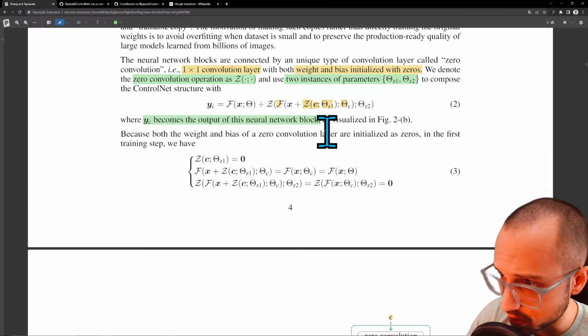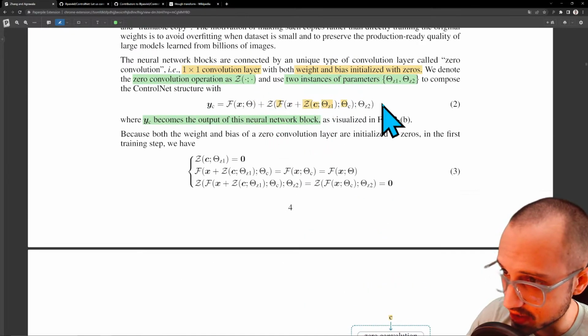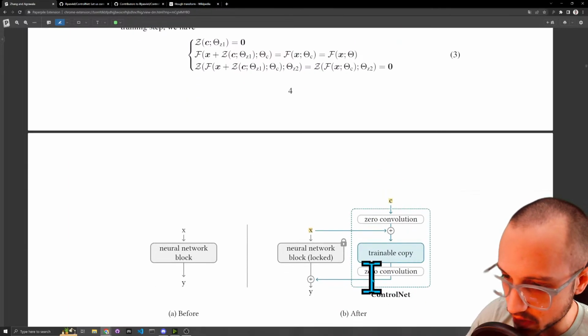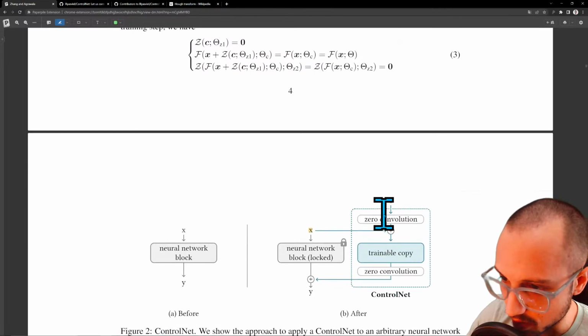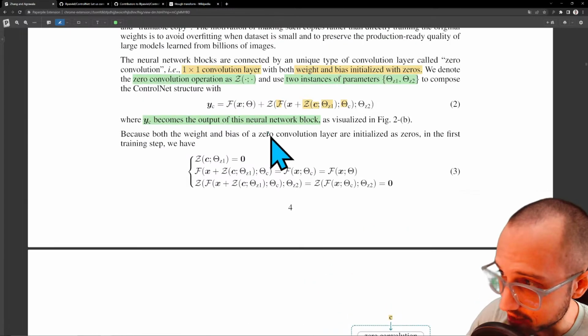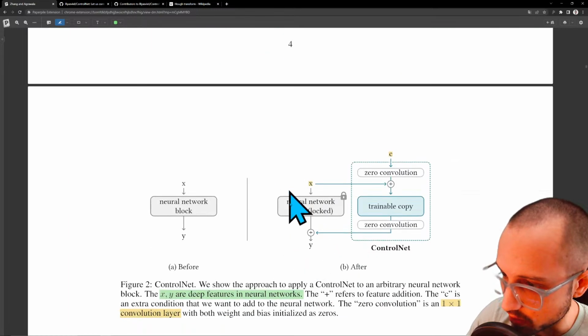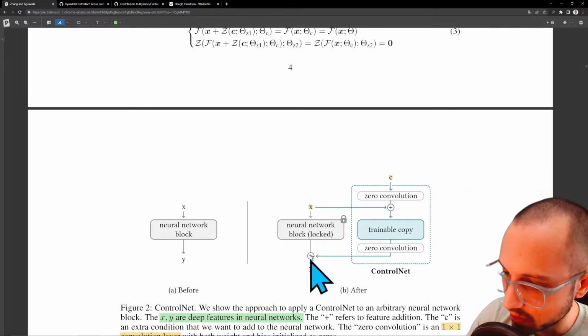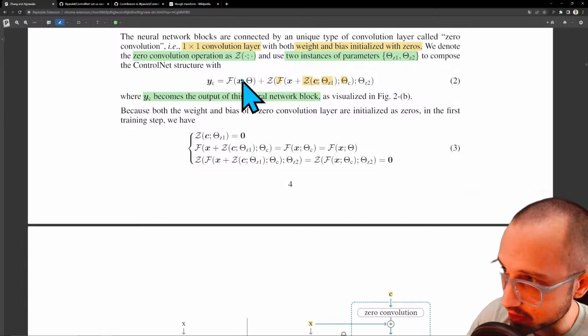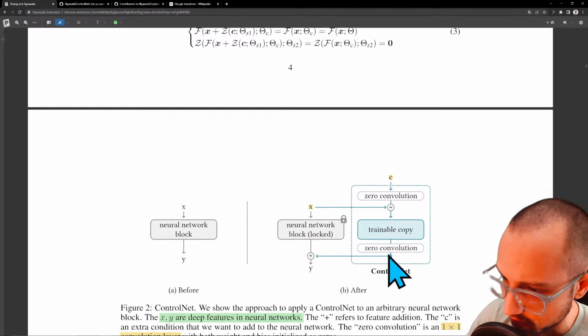You feed it through the zero convolution again. So this is the outer Z here, and this one here is parameterized by theta Z2. So you have theta Z1, theta Z2, theta c, and then theta. And then you simply just add it to the output. So y here is just the output of F of X with theta, which is locked, plus the control branch. So that's roughly what's happening here.